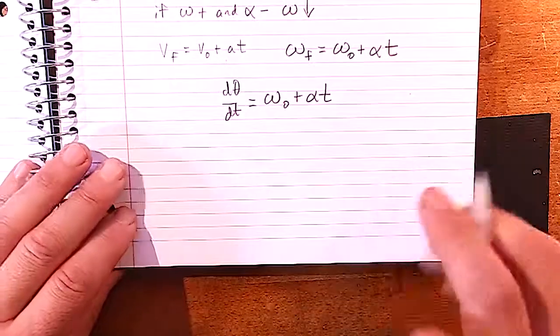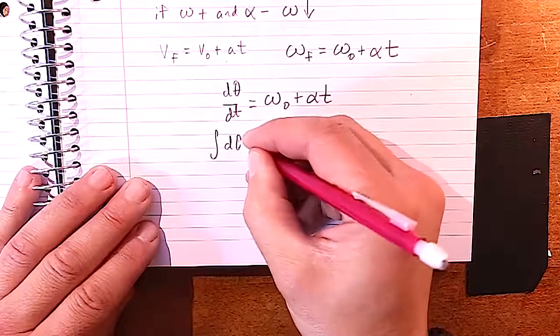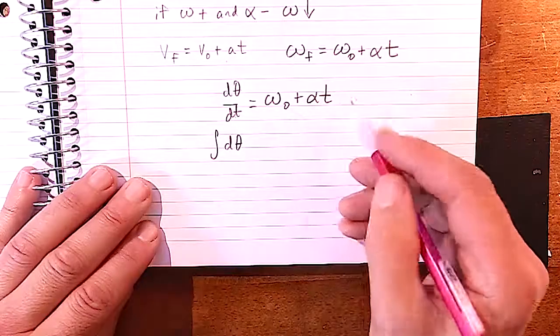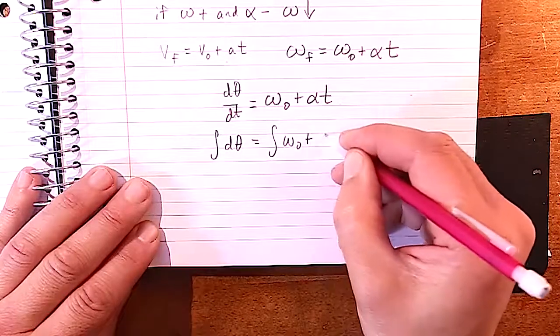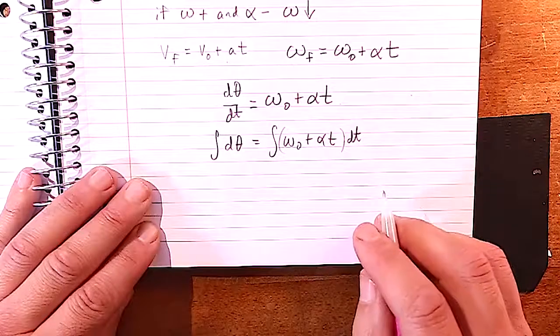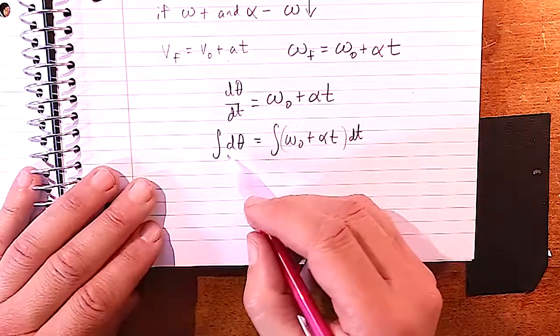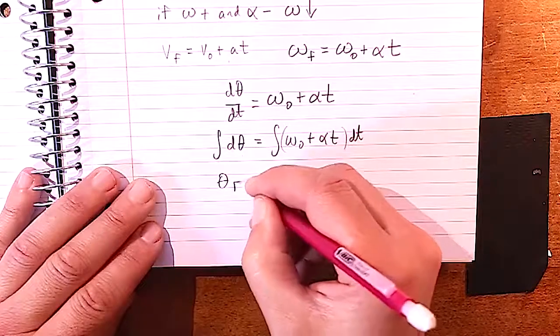And if we integrate that, we integrate d theta and bring our dt to the other side, we have omega initial plus alpha t dt, and that's all of that. Then we can take the integral of d theta, and that's theta, so that would be theta final.